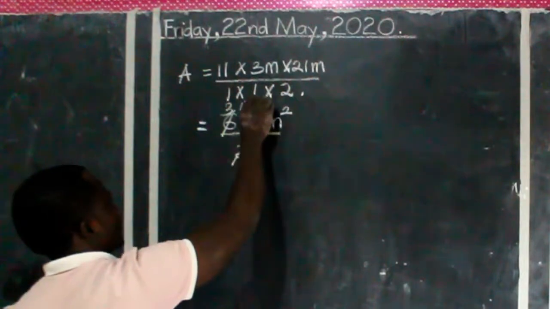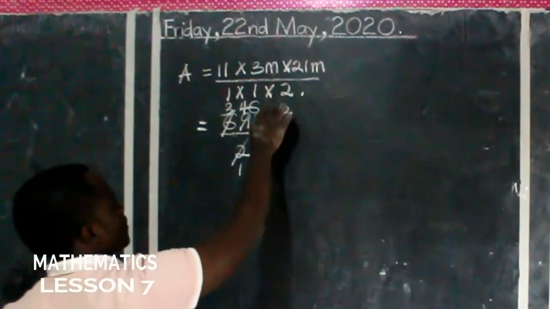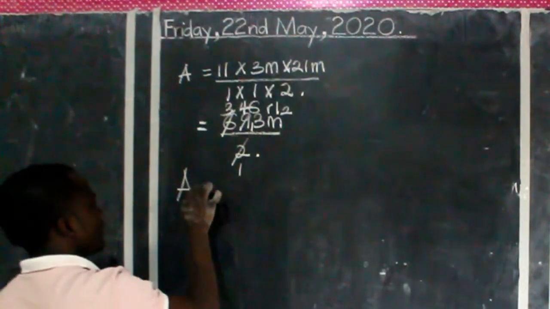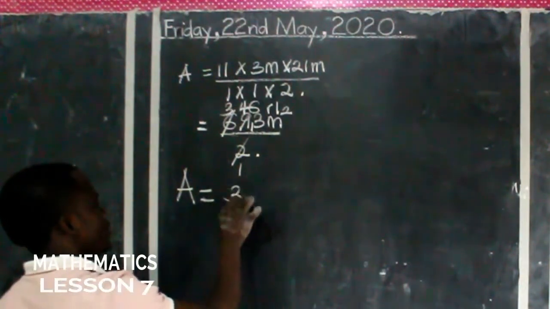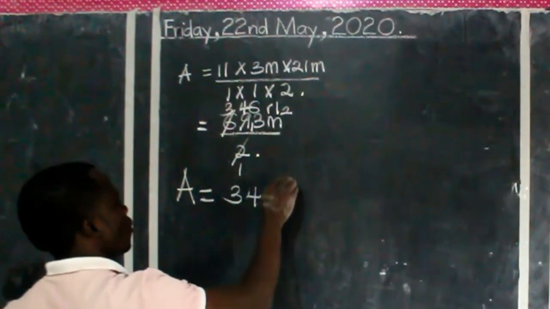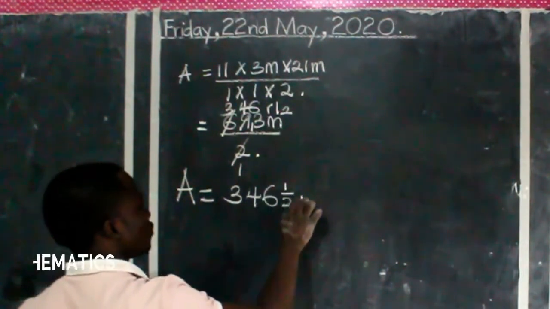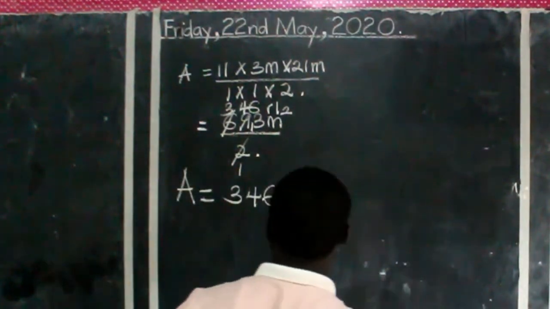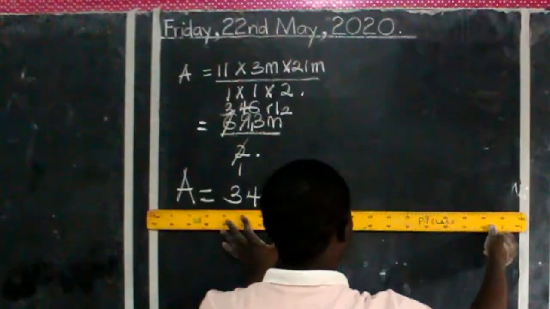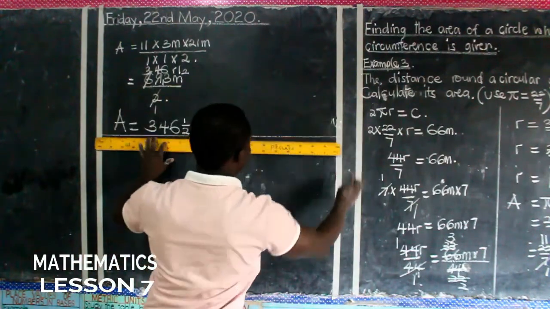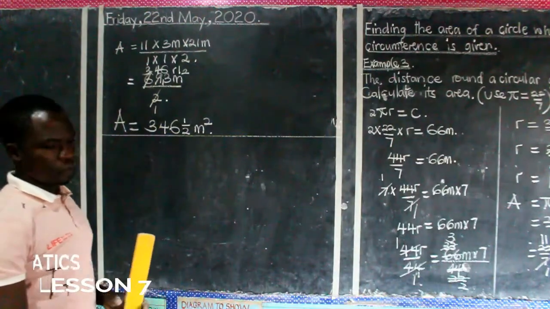By 2 we shall have 6, remaining 1. So the area of that circular garden equals 346 whole number 1 out of 2 square meters. This is the answer for our example 3.